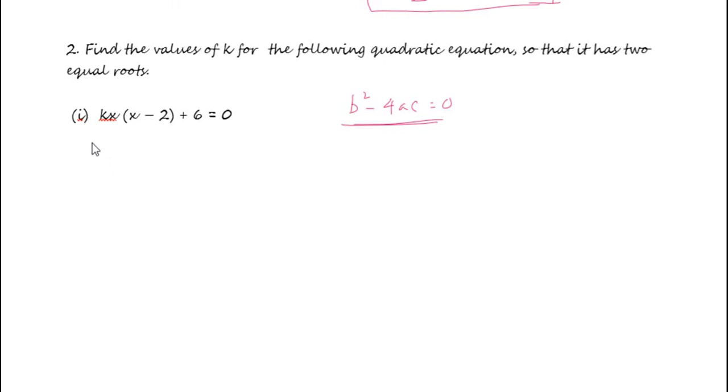Let us first form the quadratic equation: kx² − 2kx + 6 = 0. This is the quadratic equation. We have b = −2k, a = k, and c = +6.